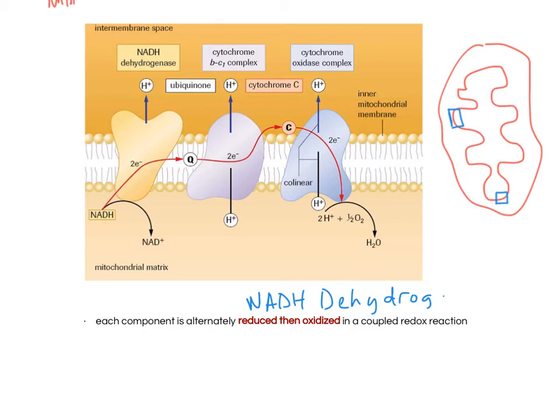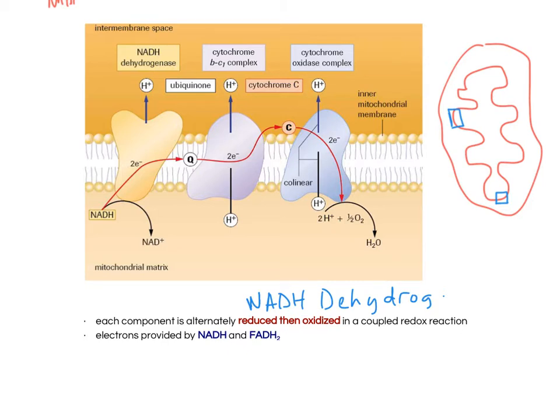So where are those initial electrons that are being gained by NADH dehydrogenase coming from? Well, they are coming from NADH and FADH2. Now I need to talk about the next piece of this: what is the point of those electrons being shuffled? Why do we care?